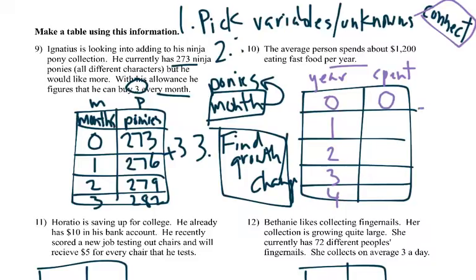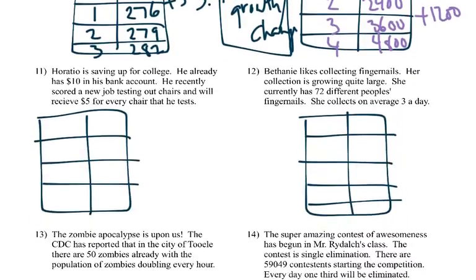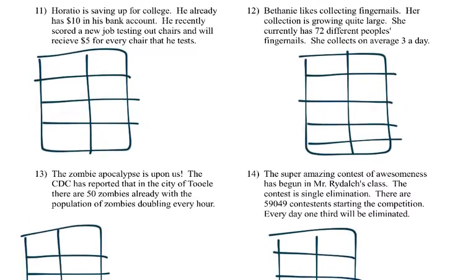But after the first year, we would have added $1,200. Then the next year, we would have spent the same amount more, so that'd be $2,400. The next year, $3,600, and so on. And then $4,800. Okay, so you can see that. Now, I'm running out of time here, so we're going to kind of hurry through the rest.